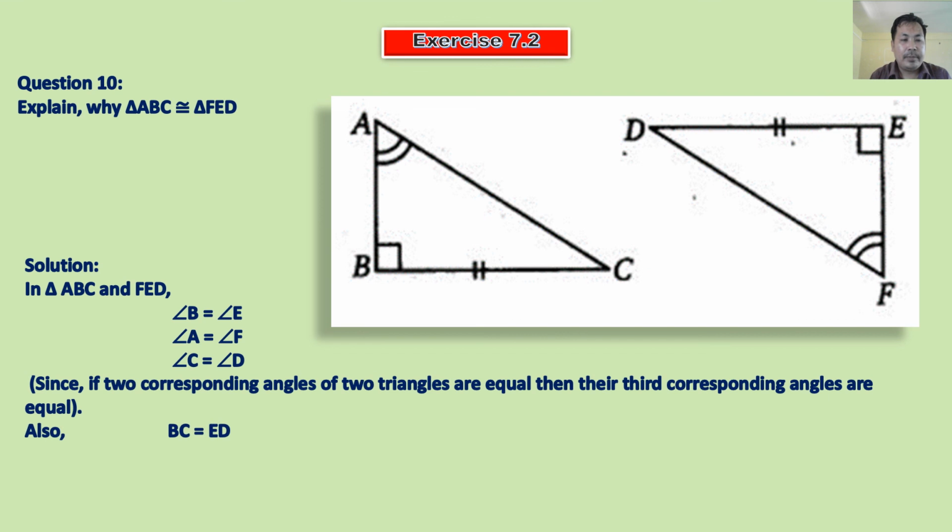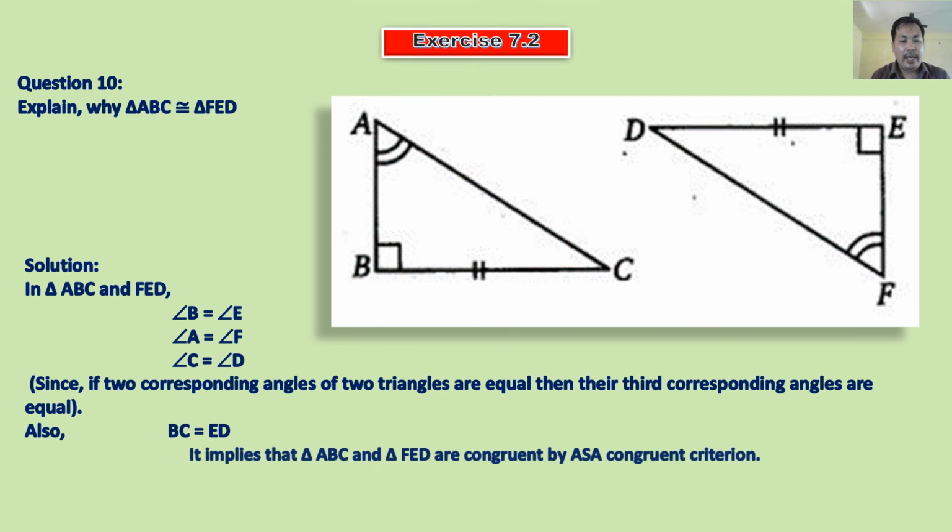Clear? Then next, also BC is equal to ED. It is given that BC is equal to ED. That means you can have one criterion: angle B is equal to angle E, angle C is equal to angle D, and side BC and side ED are also equal, and this side now becomes the included side of the two equal angles of the triangles.